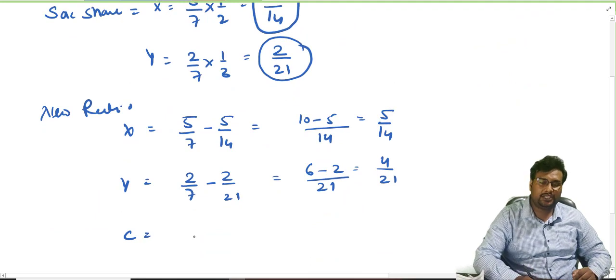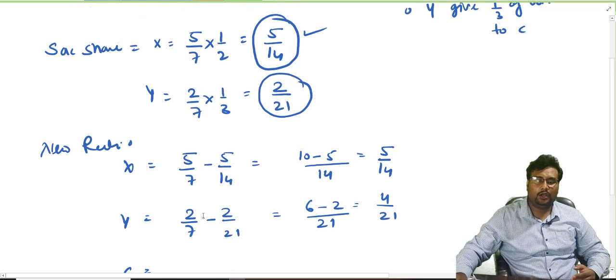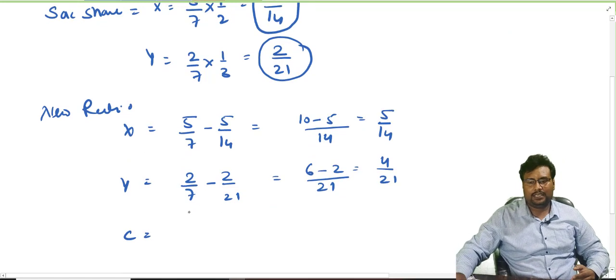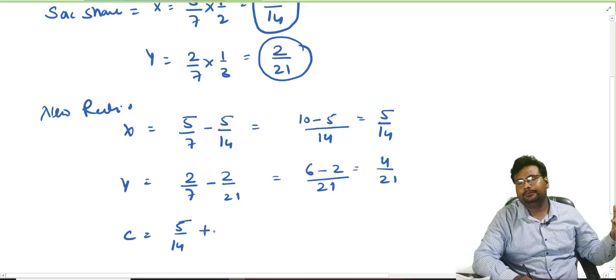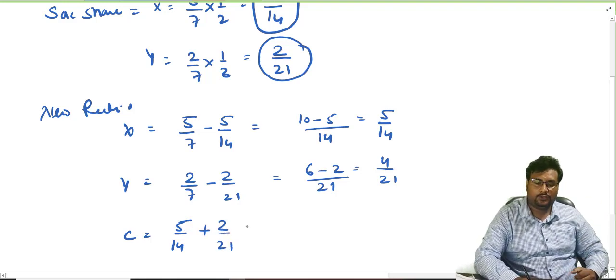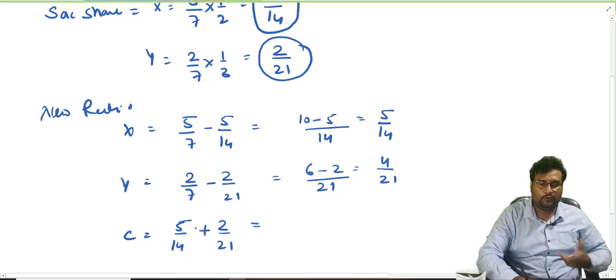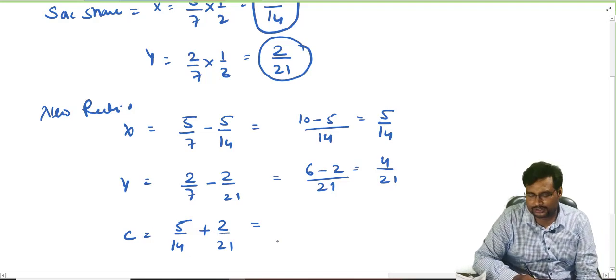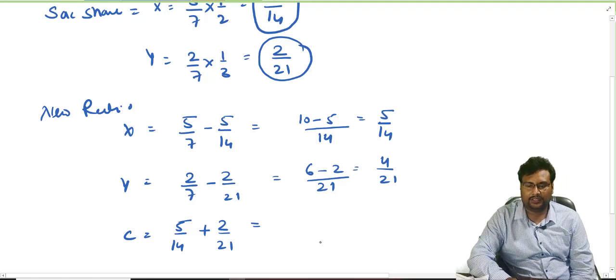Now the person who is admitted, C. What is C's share? Very simple, we can find it this way. C gets 5/14 from X and 2/21 from Y. So what is the LCM of 14 and 21? Find out. I think 42.